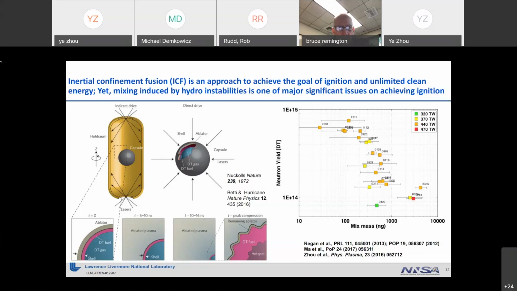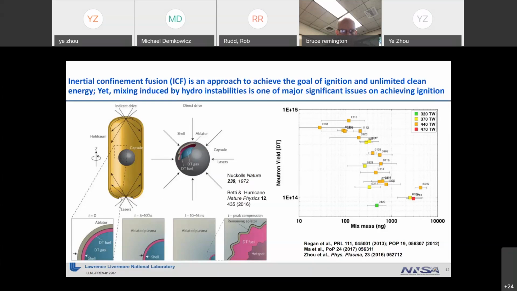Let me just give you a quick summary of the idea. You start with some kind of capsule with an ablator, that's the outside layer. Then you have another layer, and a bunch of fuel inside. What you want to do is use laser beams to either do a direct drive, which means you apply all the beams in a symmetric form on this target, to drive the system to achieve ignition of the fuel.